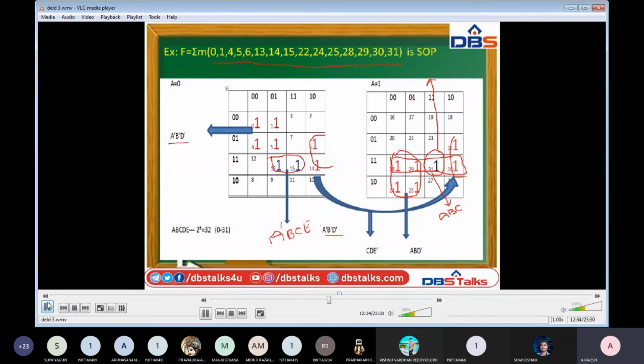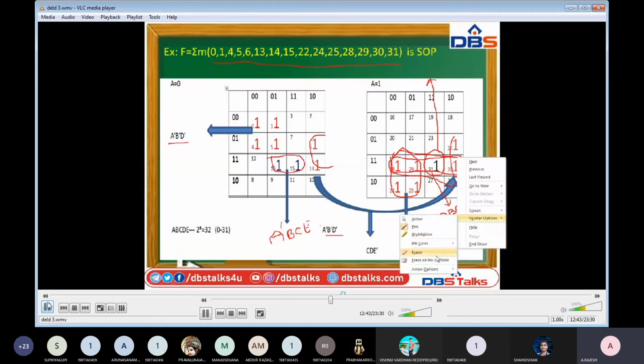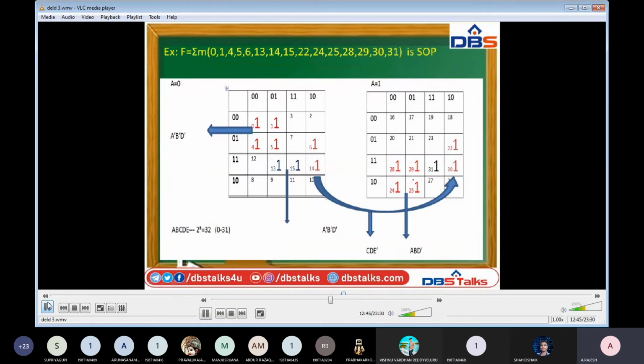That means I have to connect 5 literals. Instead of using that one, I have taken all these 4 as one group. So I'll get back to that one again. Instead of using all these things, I have regrouped these 4 as one quad.